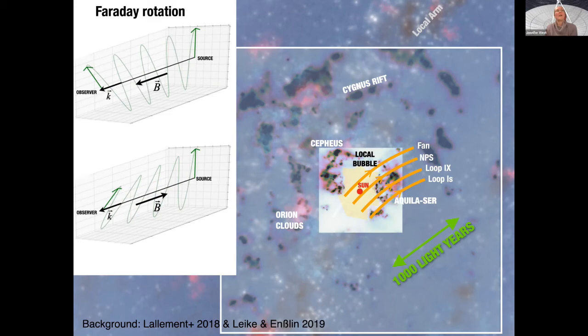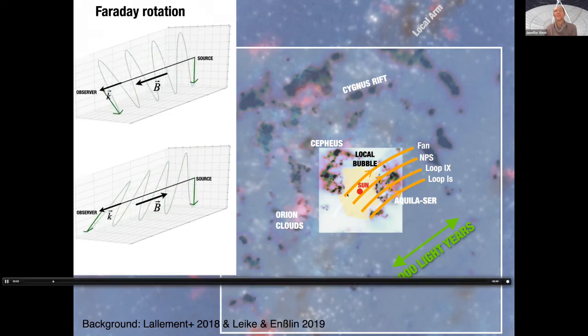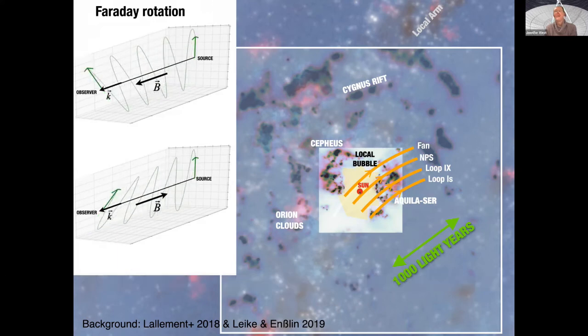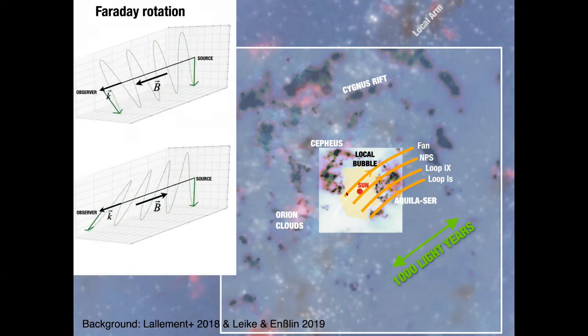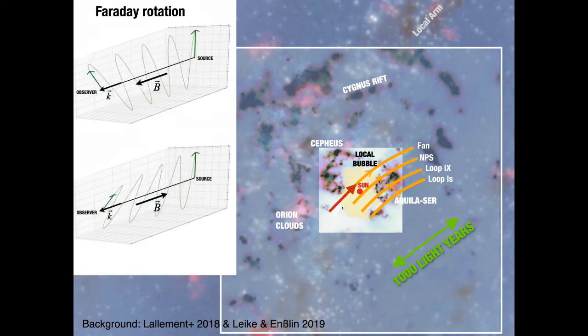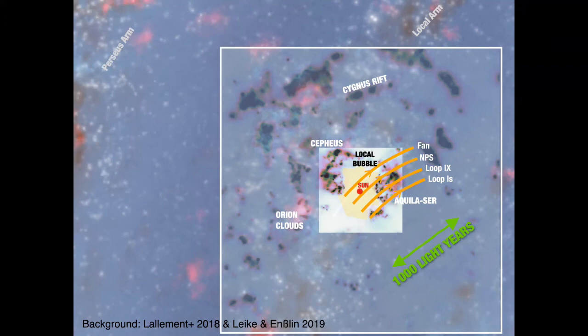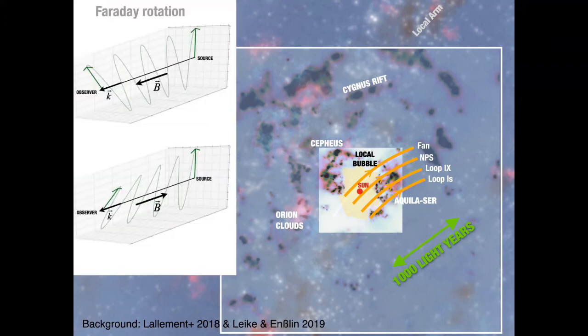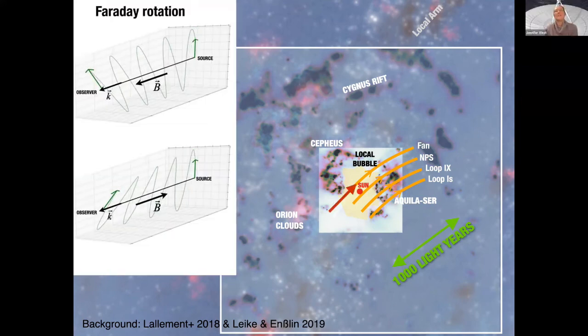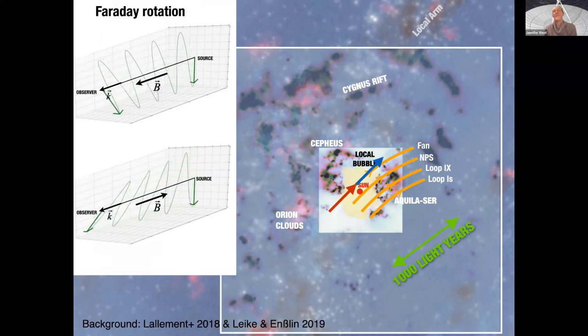And so if you look at the way that we would see this line from the sun, if we're looking at it on this side, the line is actually coming towards us. But if we look in the other direction, that line is going away from us.